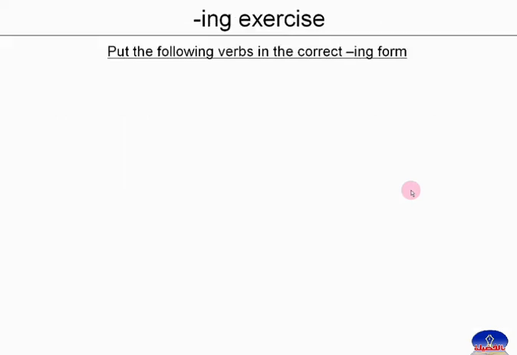So we're going to finish with some exercises for you. There are 8 questions here for you to do, and I'm going to ask you to put the following verbs in the correct ing form. So, an example, the verb fit, the answer would be fitting. Okay, so now I'm going to give you 8 questions.